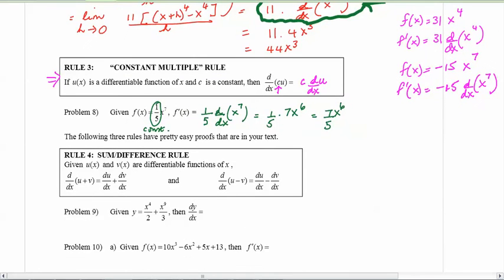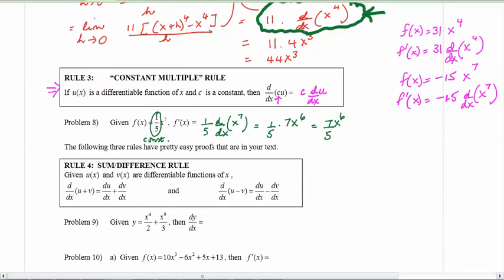We're going to combine this constant multiple rule with two more rules. And these are the sum and difference rule, and they're really pretty straightforward. Given u of x and v of x are differentiable functions of x. So I've got, in this case, the sum of two functions.